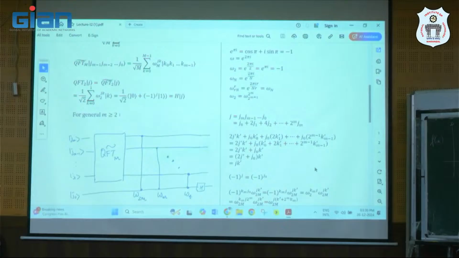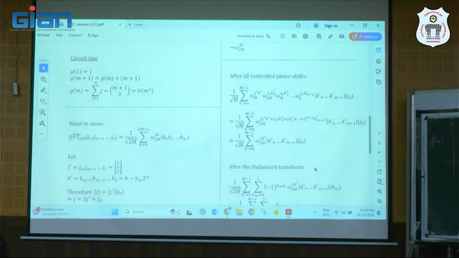So therefore, here, omega 2m, action on the last wire J naught, control is on the first wire K naught prime. Correct? First wire, last wire, omega 2m. You see?